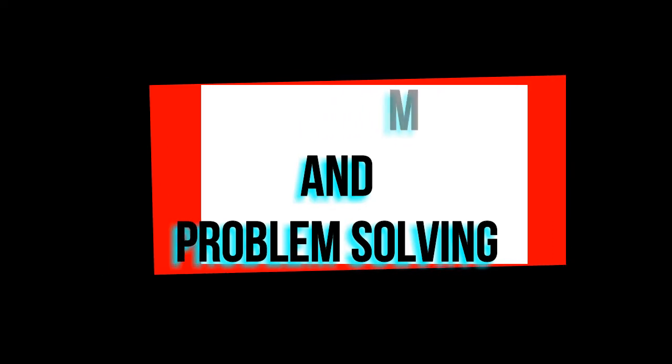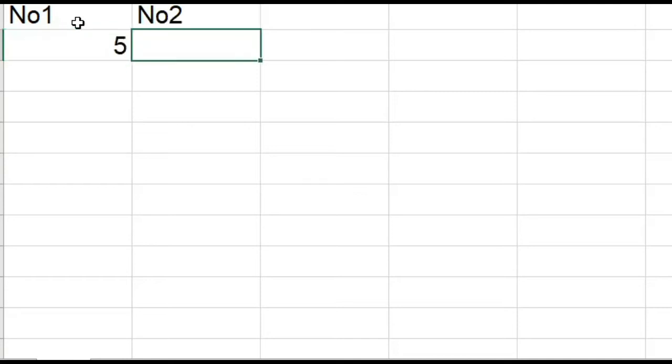Now we are going to discuss a small example wherein we are going to find the multiplication of two numbers. For example, I want to solve a problem that is number 1 multiplied by number 2. So let's take first number 1 and number 2. For example, number 1 is 5 and number 2 is 4, and I want the multiplication.